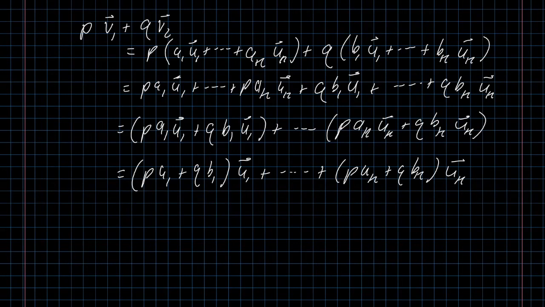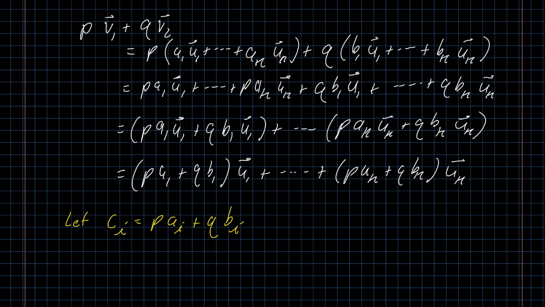Factor out P A1 plus Q B1, all times U1. Factor out P AK plus Q BK, all times UK. And technically speaking, we are done, but as we saw previously, if we introduce some new constants, I'm just going to do a generic term: Ci is equal to P times Ai plus Q times Bi, for i goes from 1 to k.